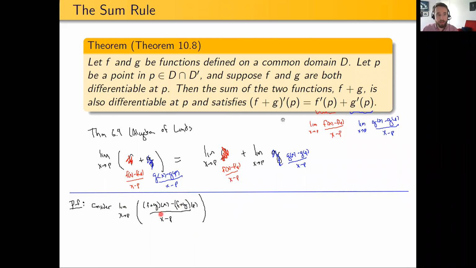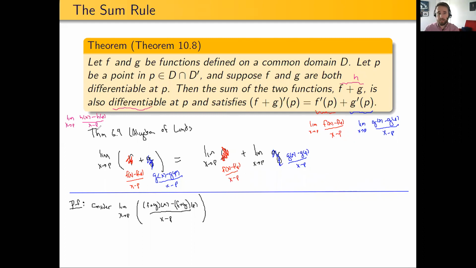Keep in mind, we are trying to show that the function f plus g is differentiable at p, and that means that we really need to compute, if I want to give that an entire name, maybe this is overkill, but if I want to call this h, then to show that h is differentiable, I need to compute the limit as x goes to p of h of x minus h of p over x minus p. Right? So I need to show that that limit actually exists.